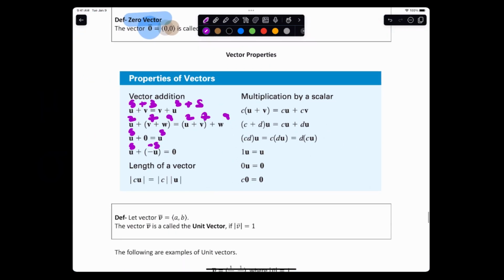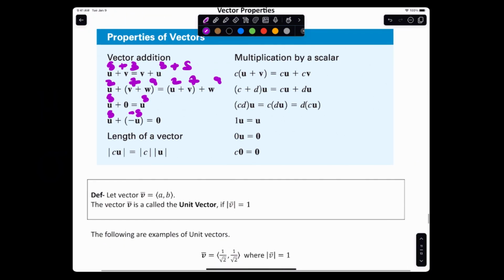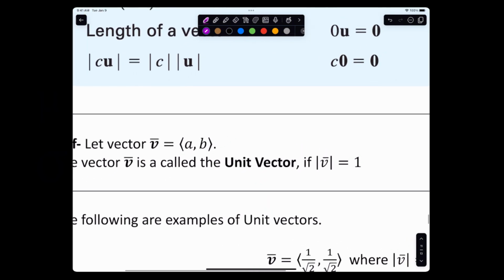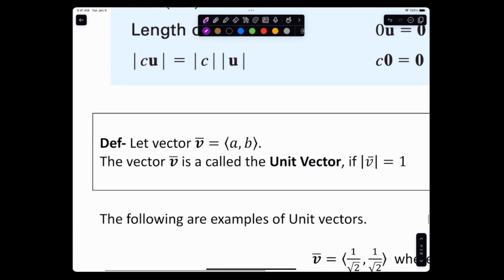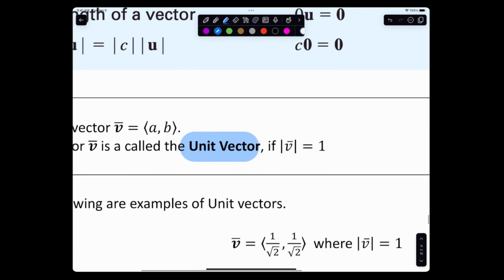And I guess we'll give you the definition now of something that's extremely important as well. If you have any vector AB like this, you have a special vector known as the unit vector. What's a unit vector? Any vector whose length is what? 1.